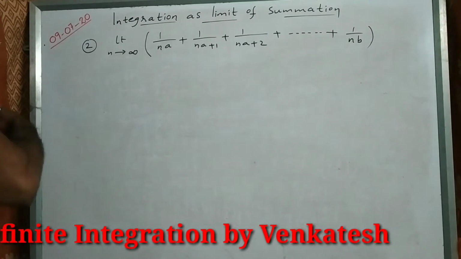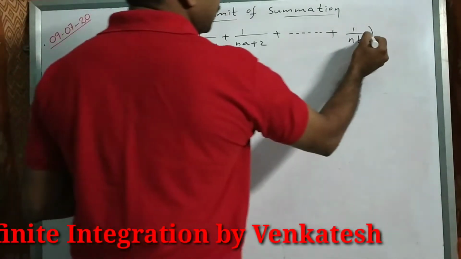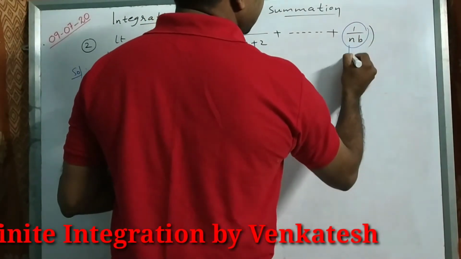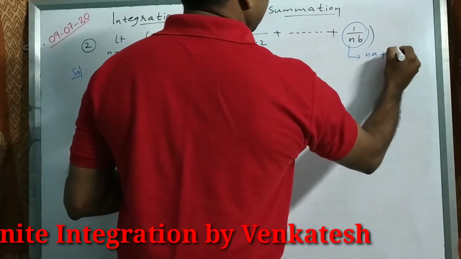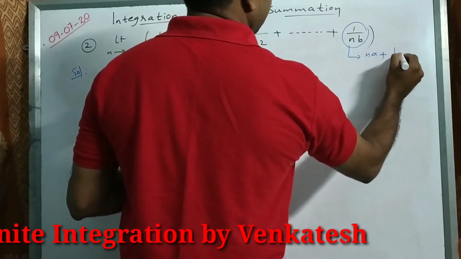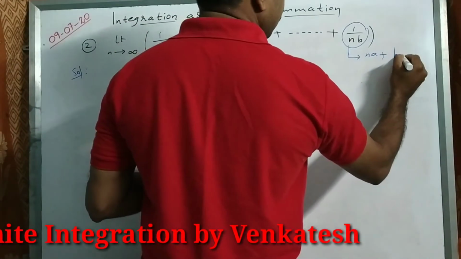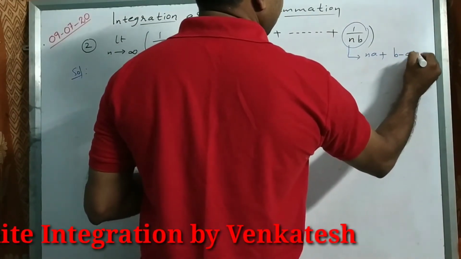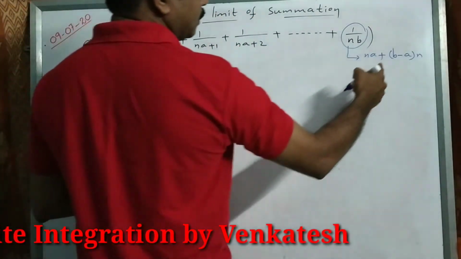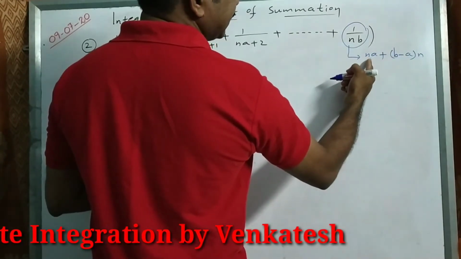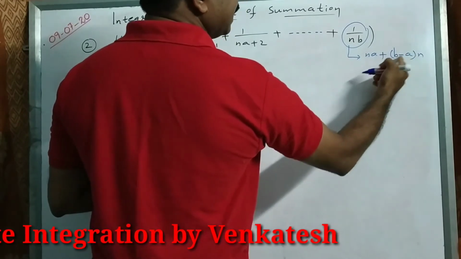Okay. Now how do we write it in sigma notation? Observe this last term. I can write like this: na plus bn minus an. na cancel, then bn will remain.